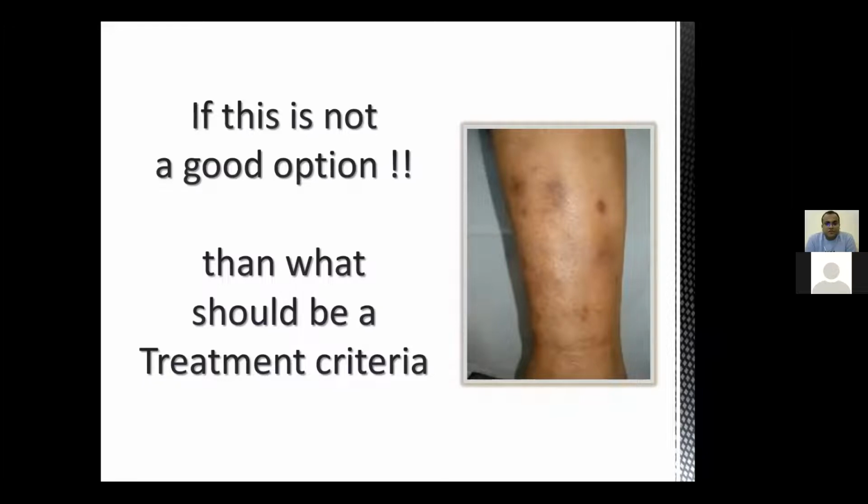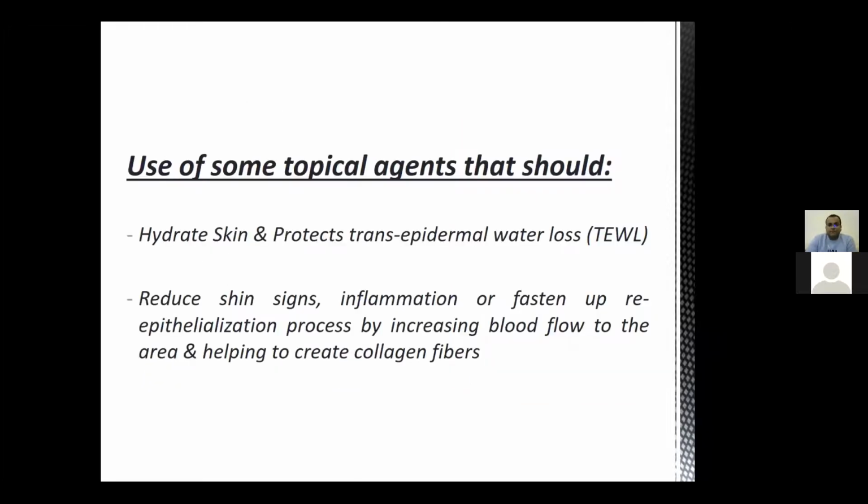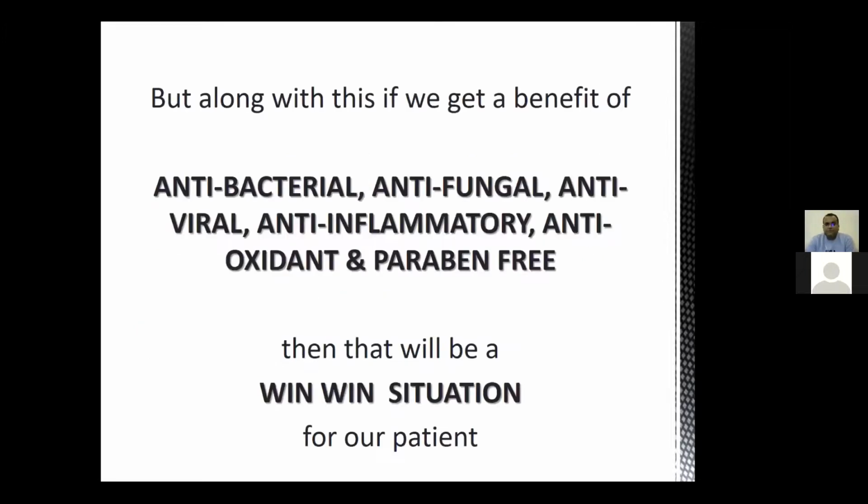If this is not a good option, what is the criteria? Use of topical agents that should hydrate skin and protect against transepidermal water loss, reduce skin signs and inflammation, or speed up the reepithelialization process by increasing blood flow to the area and helping to create collagen fibers. If we get the benefit of antibacterial, antifungal, antiviral, anti-inflammatory activity and paraben-free, that is an ideal situation for our patient.